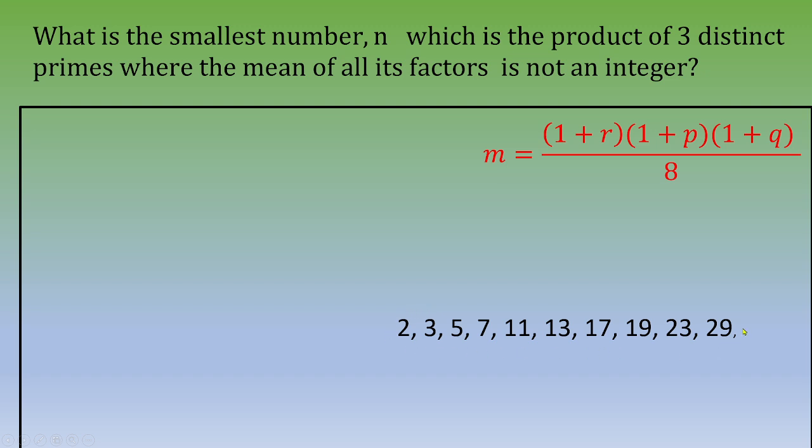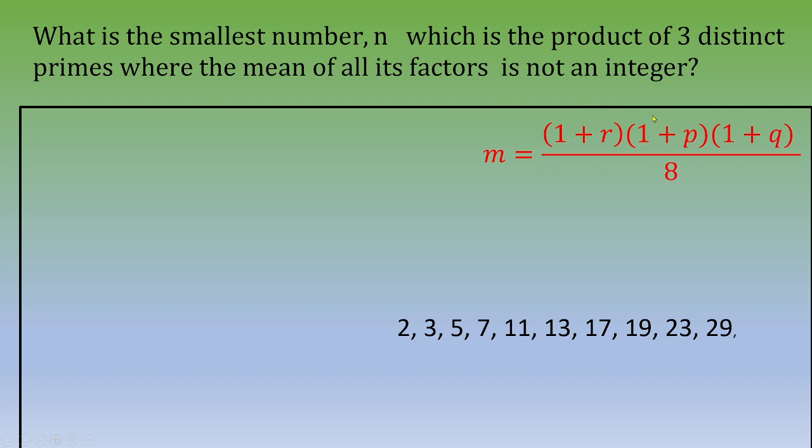So this is the list of primes below 30. And we would like the smallest n. So every time we are going to choose the smallest value for p, q, and r. So m, this is the multiplication of three terms divided by 8.